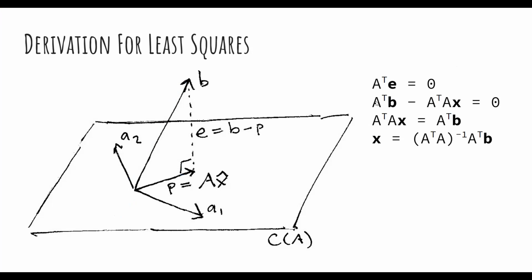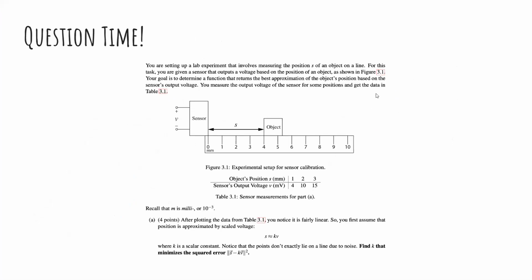Let's move on to a practice problem. I'll give everyone, let's say, 5 minutes to work on this one. I think it's good practice because this is often the format the exam problems take, where they give you a situation and you need to model it using least squares.